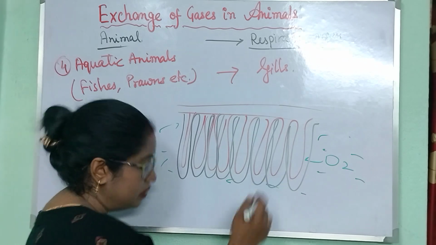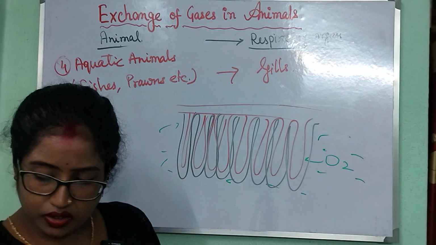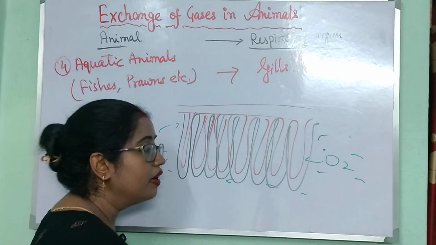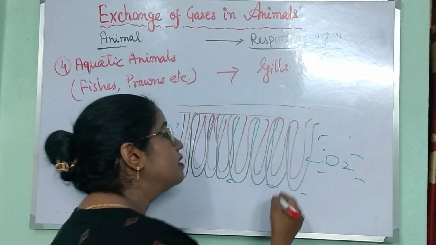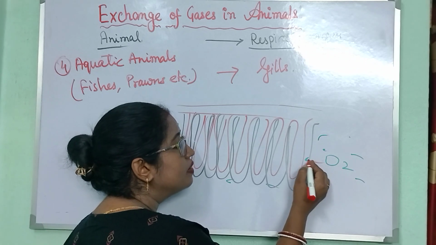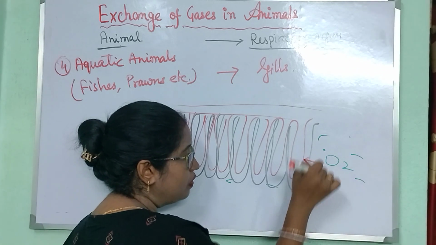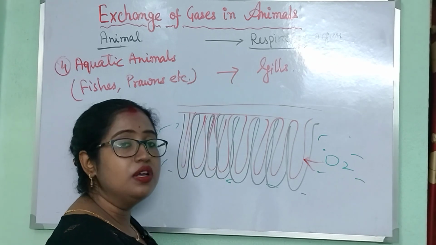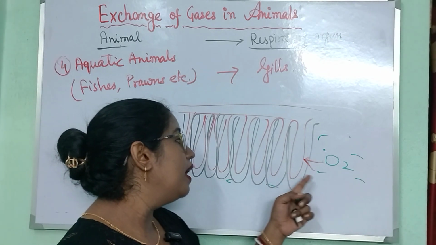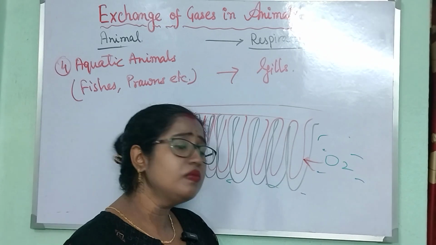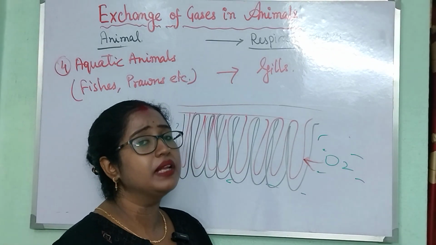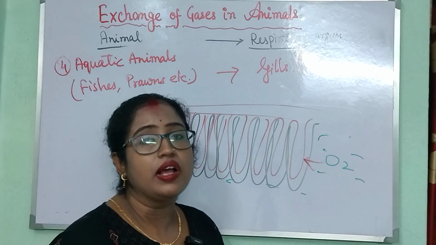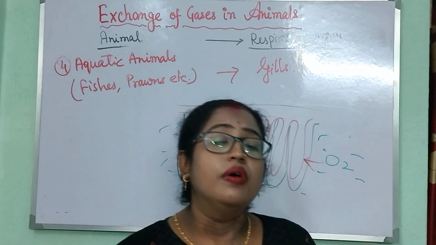The blood vessels present in the gill slits take up the oxygen that diffuses from the water into the gill, and the blood capillaries transport this oxygen.